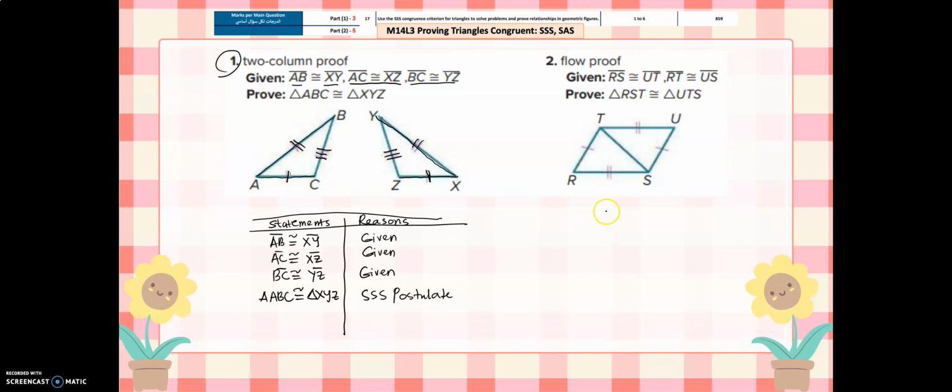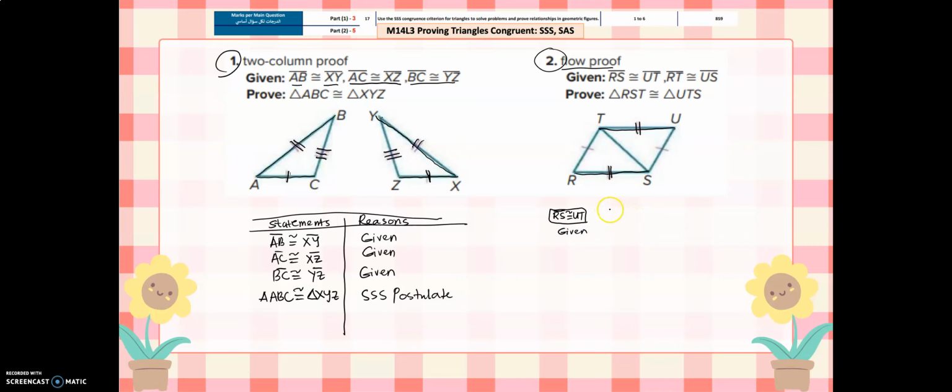All right, so next one is number 2. We are asked to draw a flow proof. So I'm going to draw here the first box, and I'm going to write here RS is congruent to UT. This side RS is congruent to UT, and this is given.